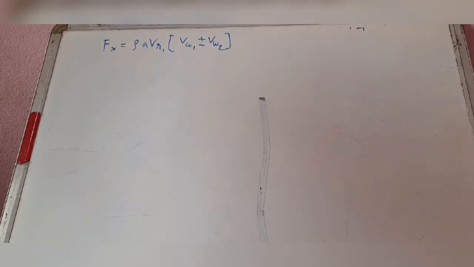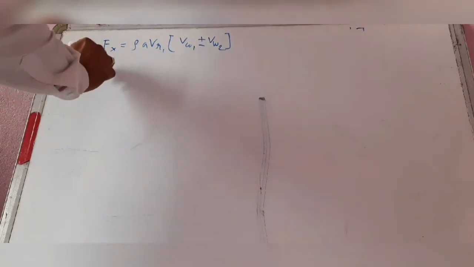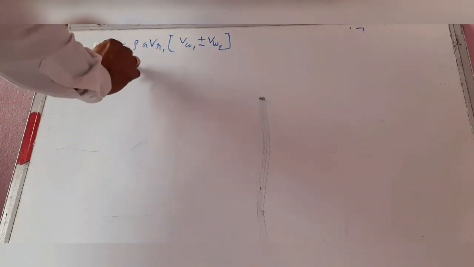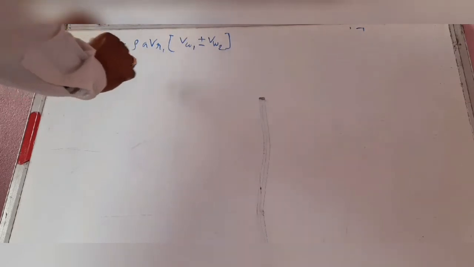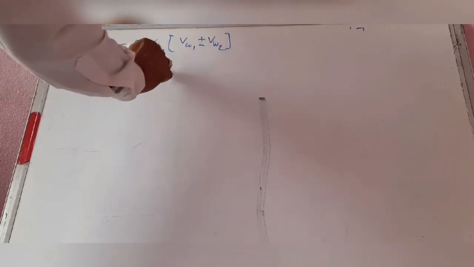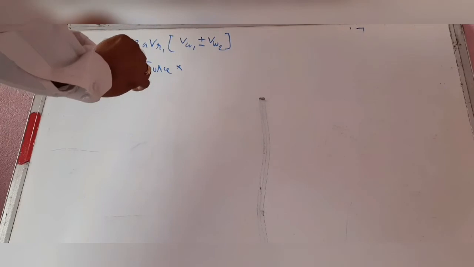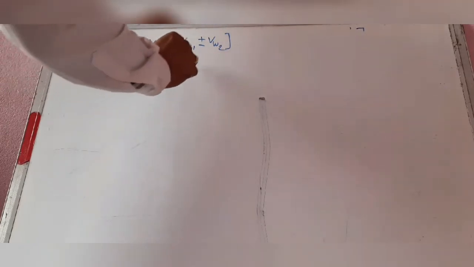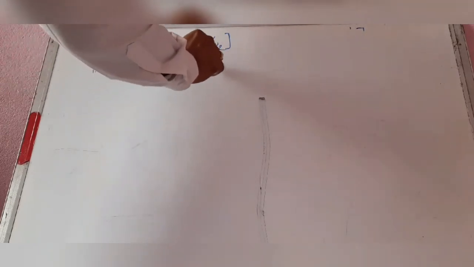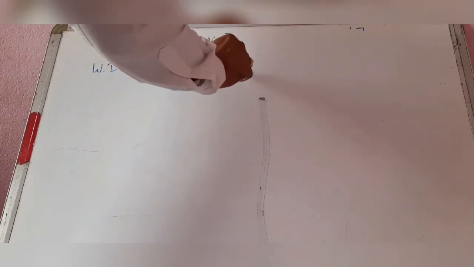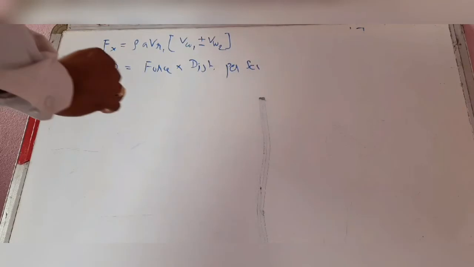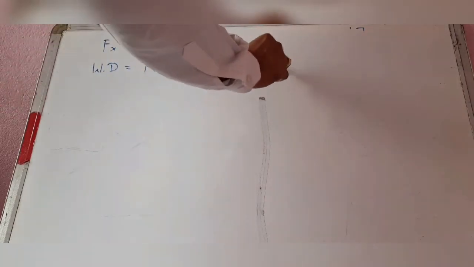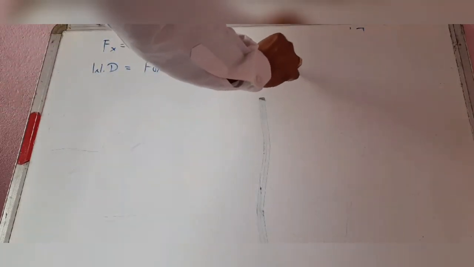And now the work done per second on the vane by the jet. For work done per second, this is force into distance traveled per second in direction of force.